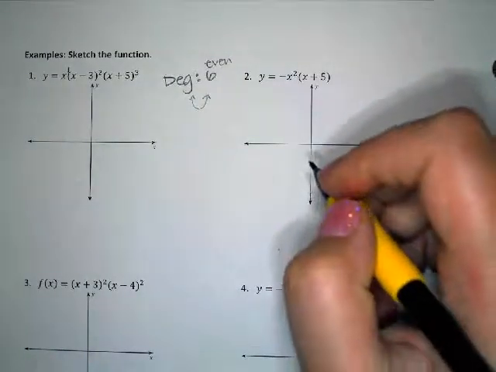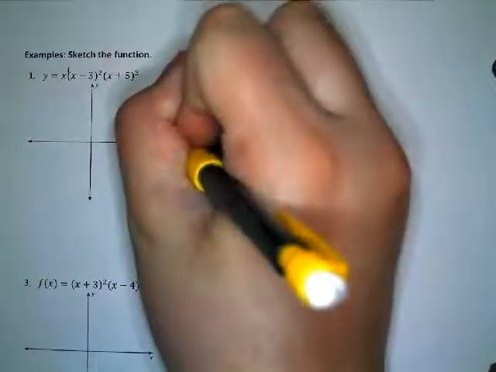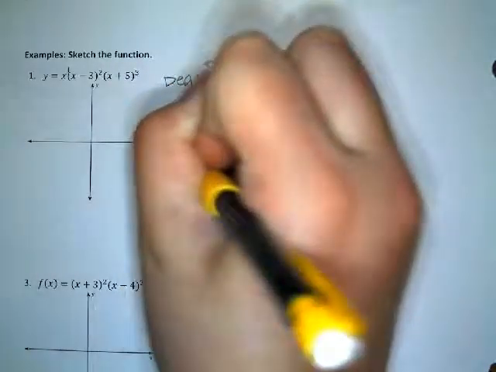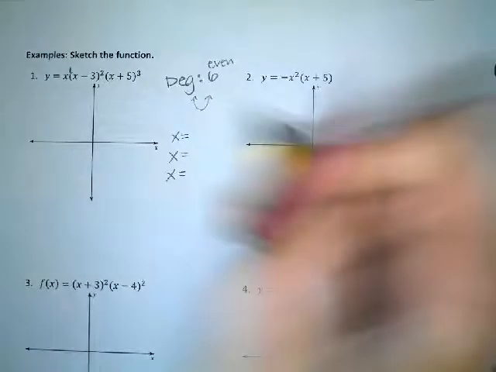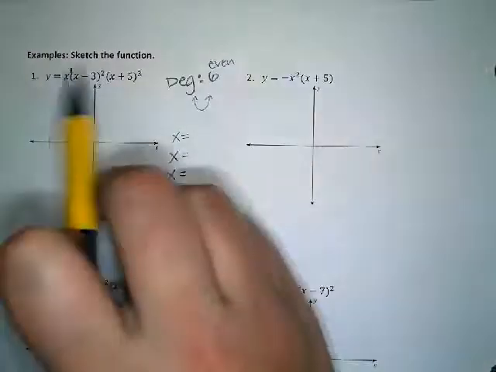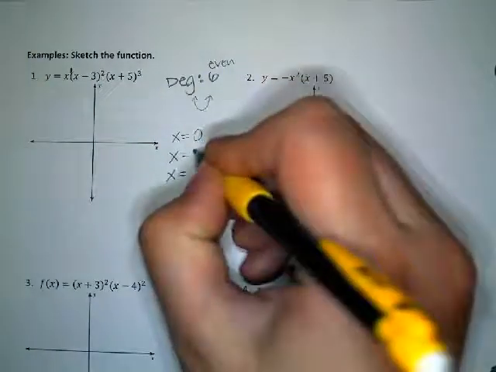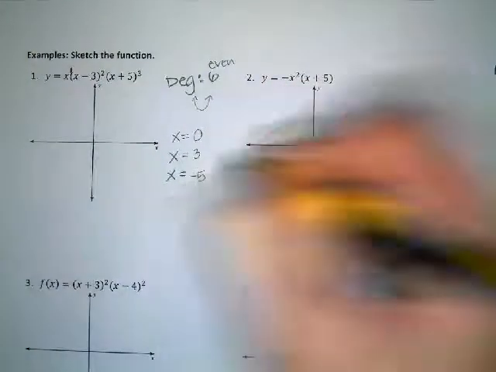So I can see that I have 3 x-intercepts. I have an x-intercept at 0, positive 3, and negative 5.